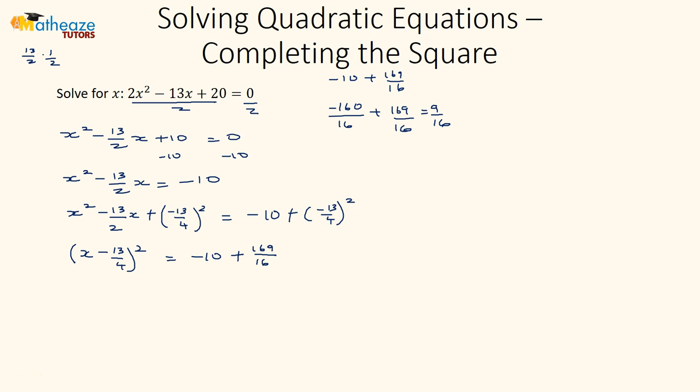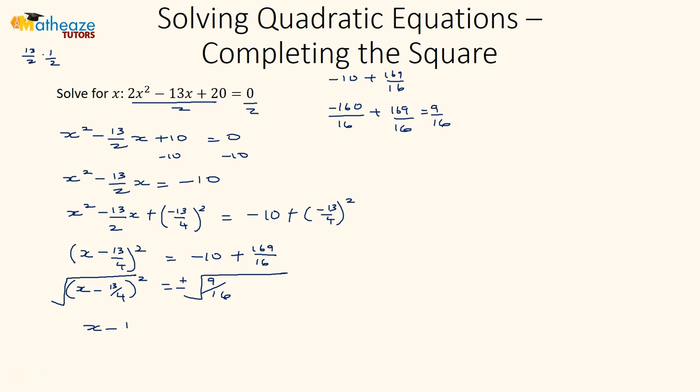Okay, so now we can take the square root of both sides. So x minus 13 over 4 squared is equal to the positive negative square root of 9 over 16. So now we simplify this. We have to take the square root here as well.